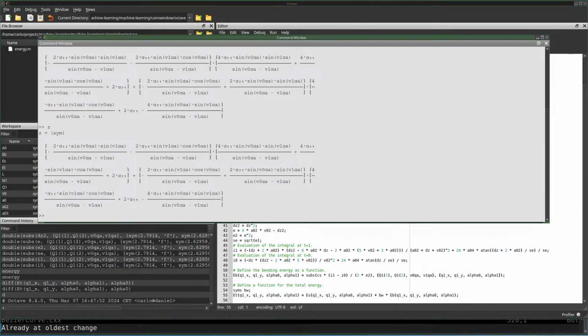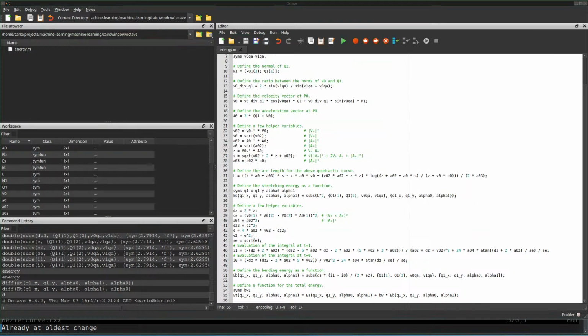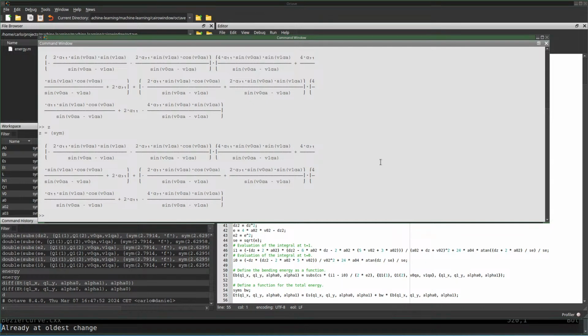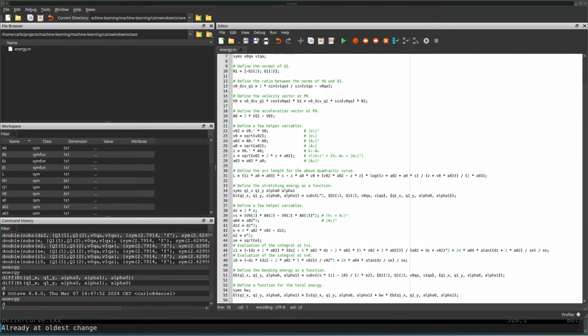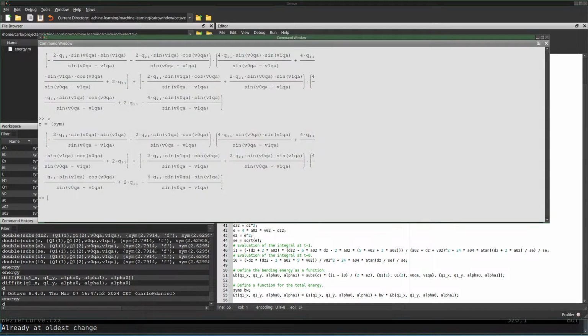So maybe the trick is to first resize the window and then change the font. I'm even going to change it back to free mono. No. Why? I didn't click on apply. I clicked on apply, the whole window disappears. This looks better, but it's still using the same width, really.